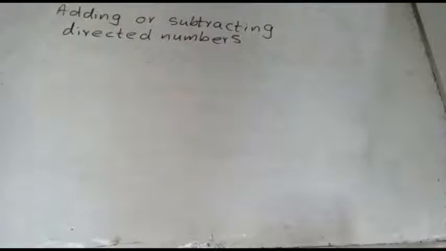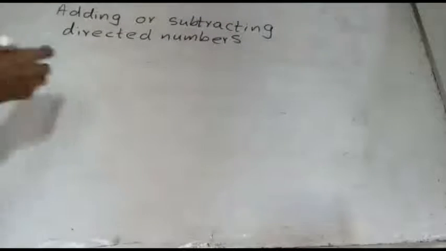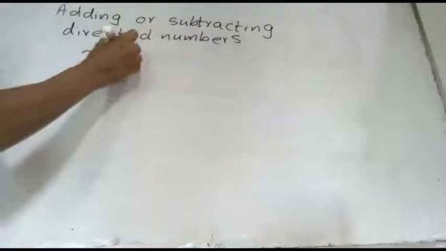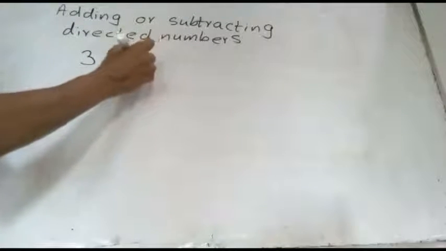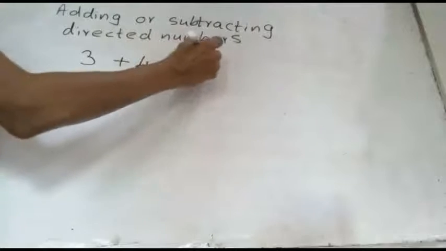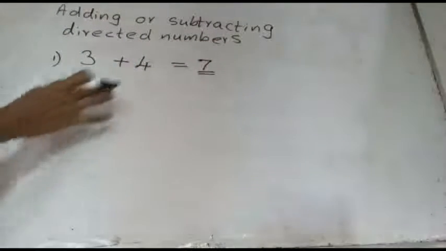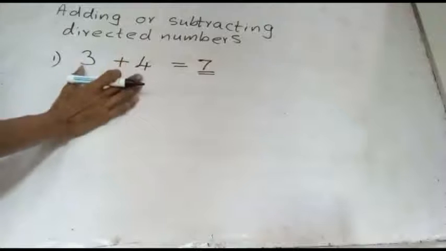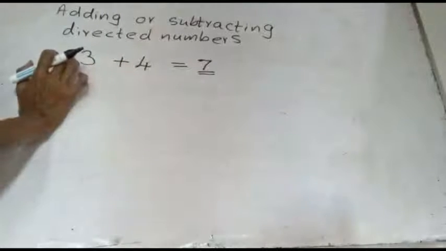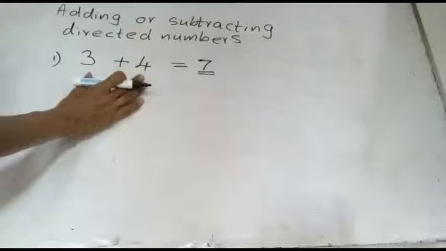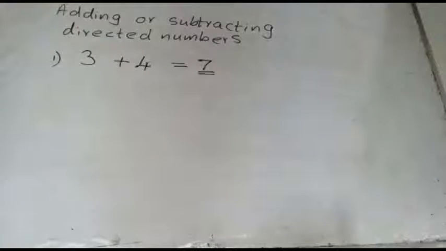Adding and subtracting directed numbers. Then here positive 3 plus positive 4 is equal to positive 7. Then they are the same sign. Here both of them are positive numbers. Yes, Putha.